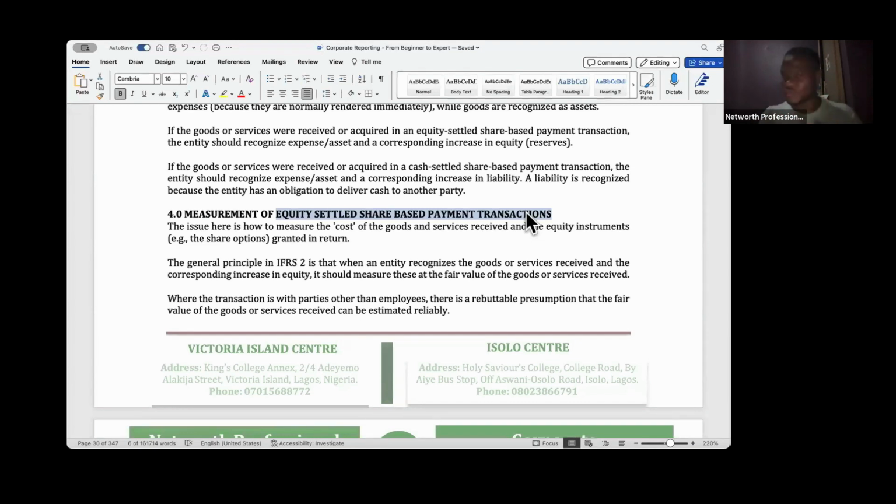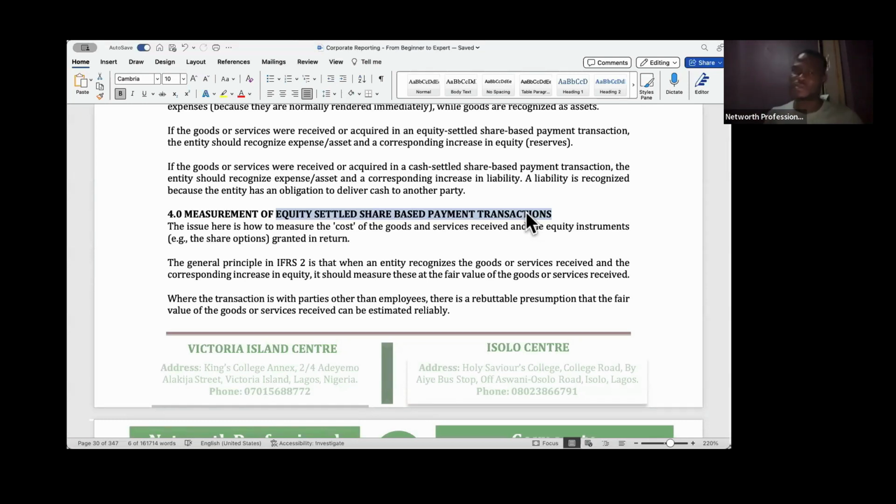So ultimately, we cannot determine the value of those services. For that case, we have to use the value of what the entity is giving, which is the value of the equity instrument. So when you have transactions with employees, the equity settled share-based payment is going to be measured at the fair value of the equity instruments granted.